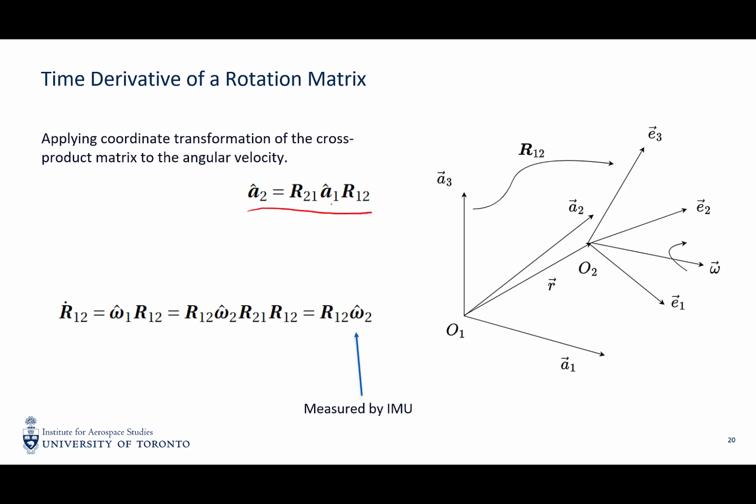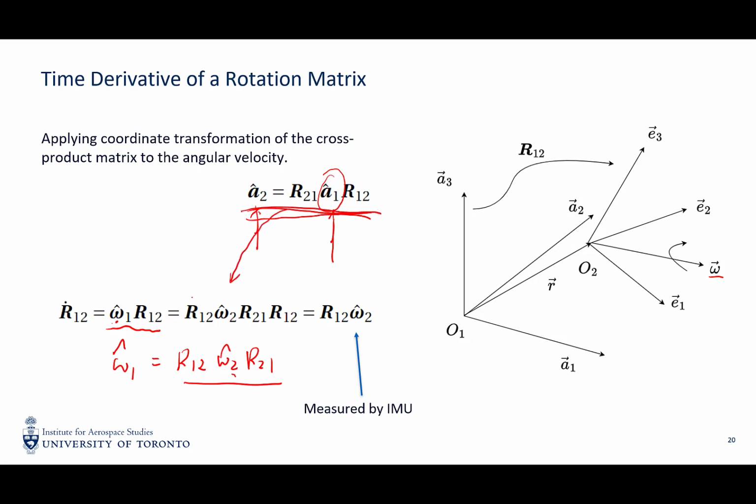Previously, we know that for a skew-symmetric matrix, we can express this hat map, this skew-symmetric map, in different coordinate frames. Now we're just going to apply this relationship to omega. Previously, we had this relationship directly from doing the time derivative calculation. And now we know that omega 1 hat is actually equal to R12 omega 2 hat R21 because of this relationship.